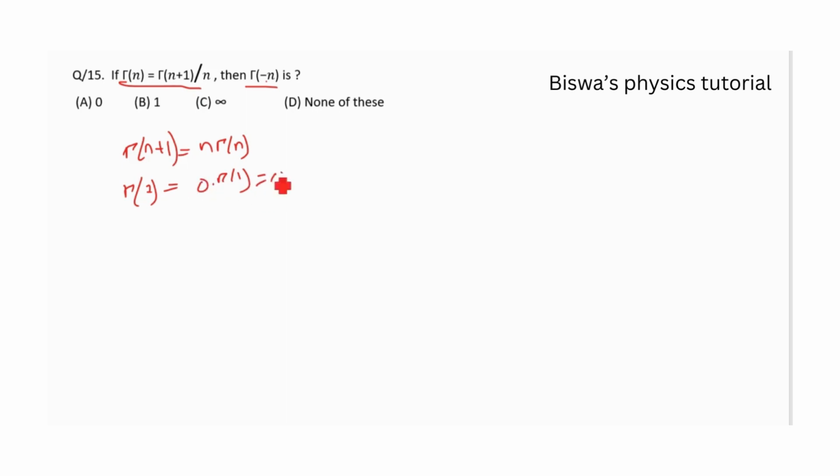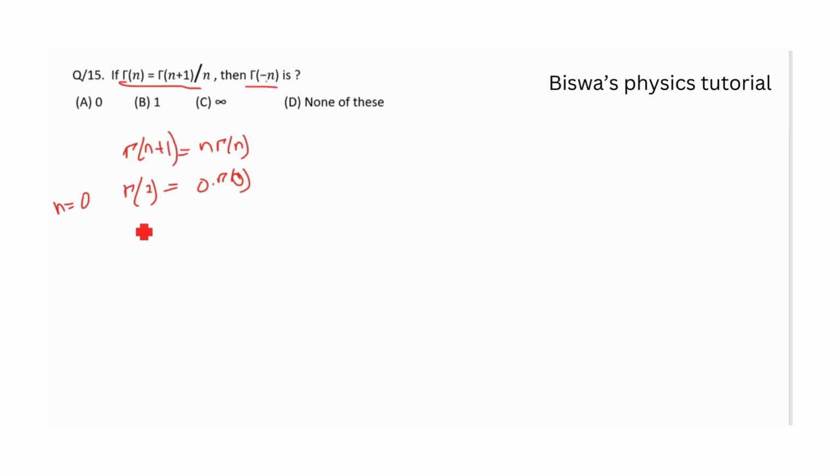Just wait. It's gamma 0, this is not 1, because we take n equal to 0.